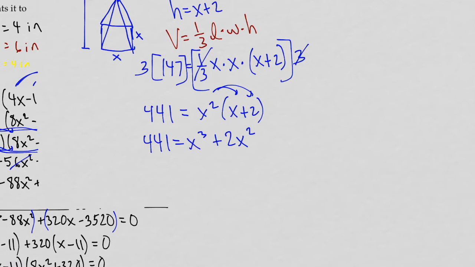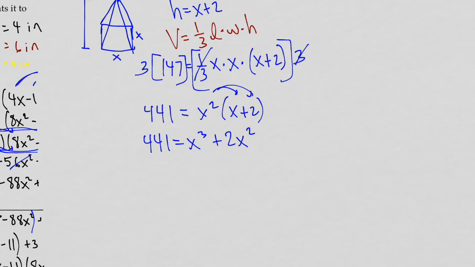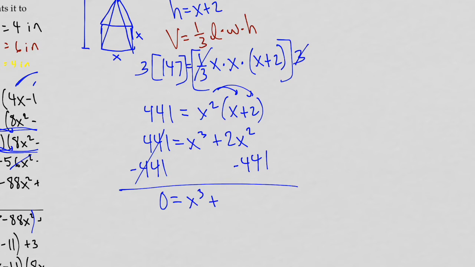Just like the last ones, in order to solve this, I need to put it in standard form, so I need to set it equal to 0. So I'm going to subtract the 441. That cancels, so it's 0. X cubed plus 2x squared minus 441.